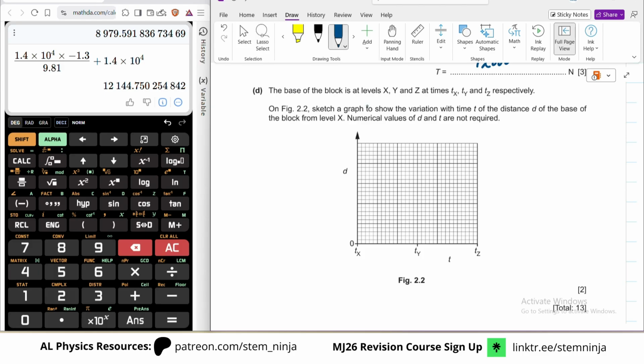Okay, let's try again. And then it's decelerating, so it will go this way. So the distance is still increasing, but the velocity is decreasing. So as you can see, the gradient of this will start to decrease. Alright, so let's see the next question.